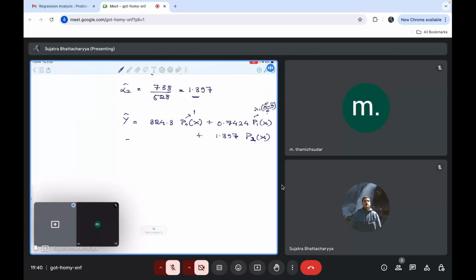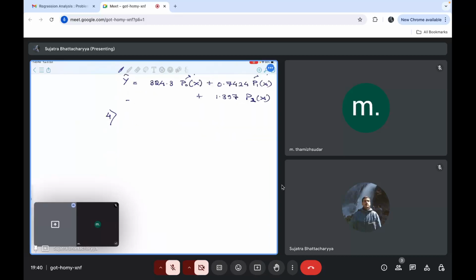Next question is the fourth one, based on the SS regression. So calculate SS regression of alpha 1. What will it be? We have seen SS regression of a particular regression coefficient is alpha 1 hat into summation of P1 xi into yi, so i is equal to 1 to 8.